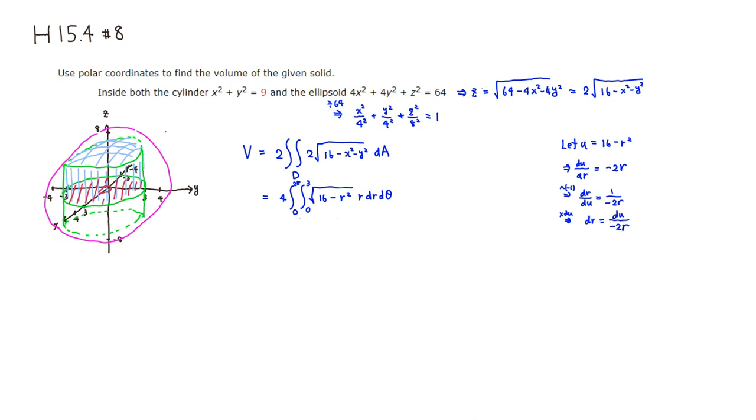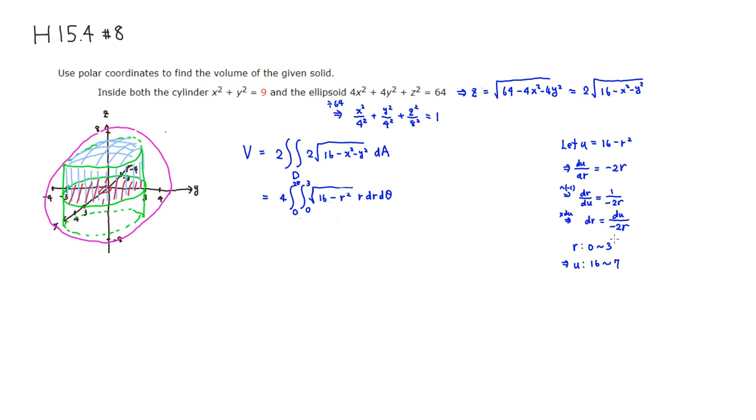Then we need to do the conversion. Originally, r is going from 0 to 3, so we want to convert it to u values. If you plug in, 16 minus 0 is 16, and 16 minus 3 squared would be 7.